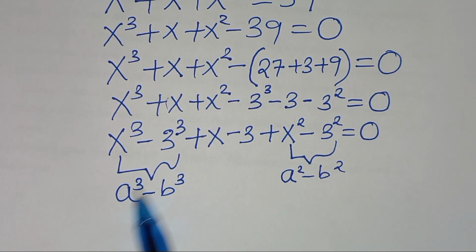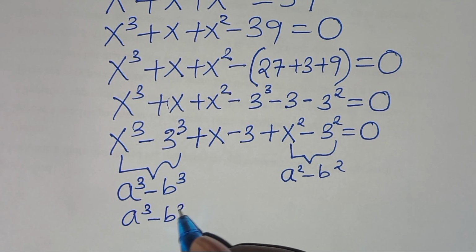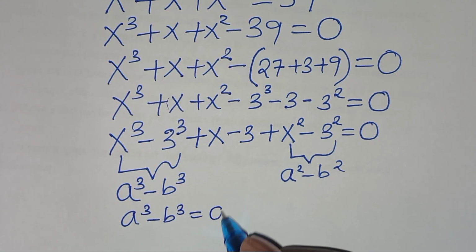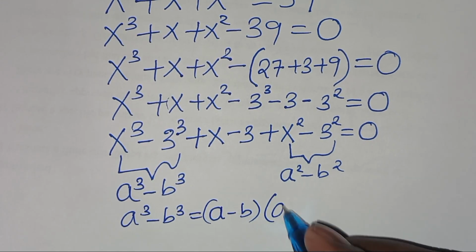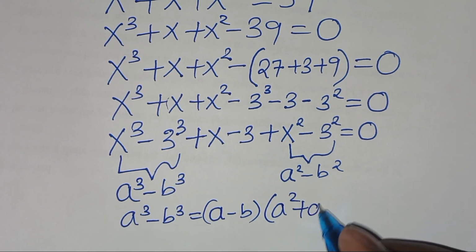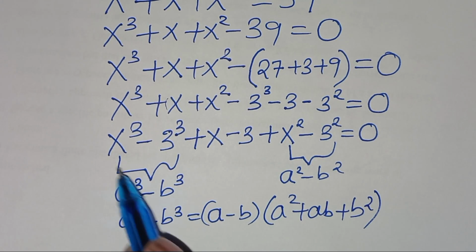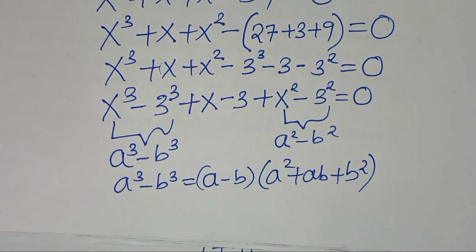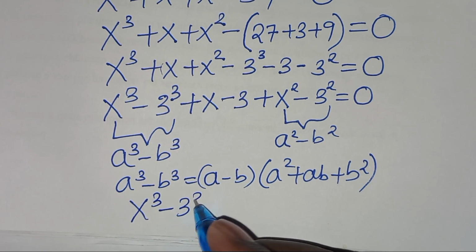So let's start with this. We have that a to the power 3 minus b to the power 3. This is the same thing as a minus b, here we have a squared plus ab plus b squared. So we have x to the power 3, subtract 3 to the power 3.